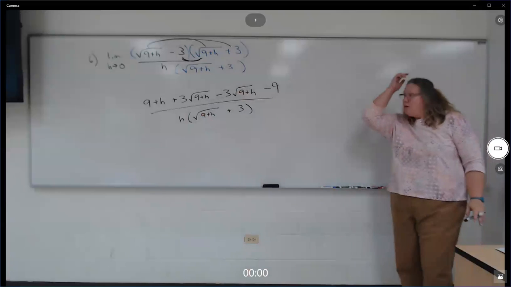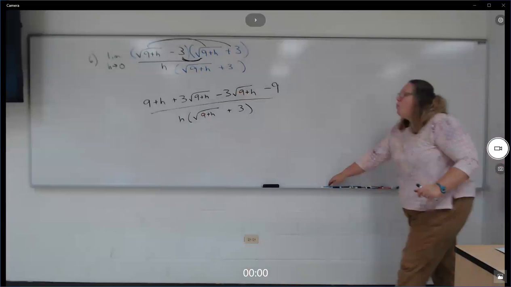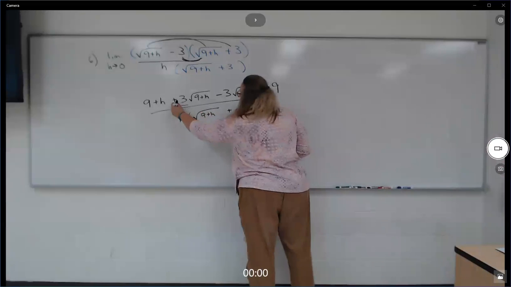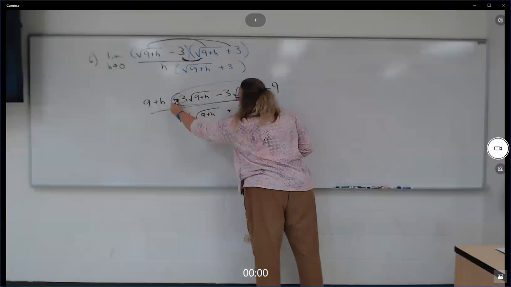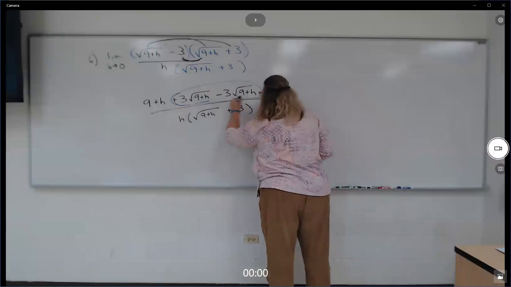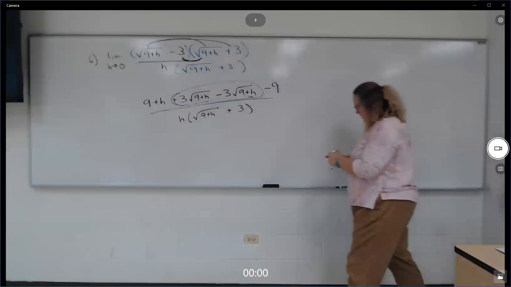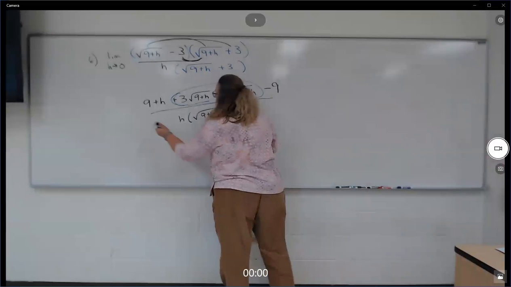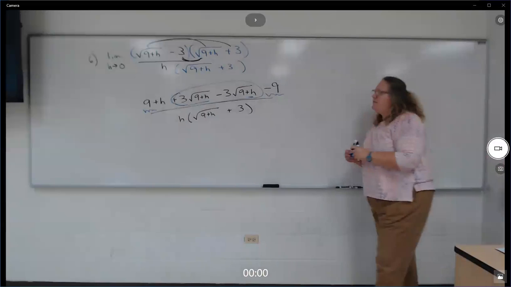Okay, now that looked like a hot mess, right? What the heck did we do? But what's going to happen here right away? Those go away. A positive 3 and a negative 3, as long as the radicals are the same, that gives you 0. And what else? You can even do positive 9 and negative 9.